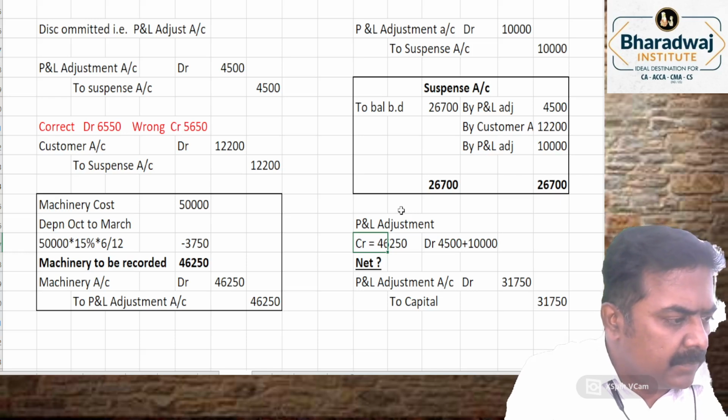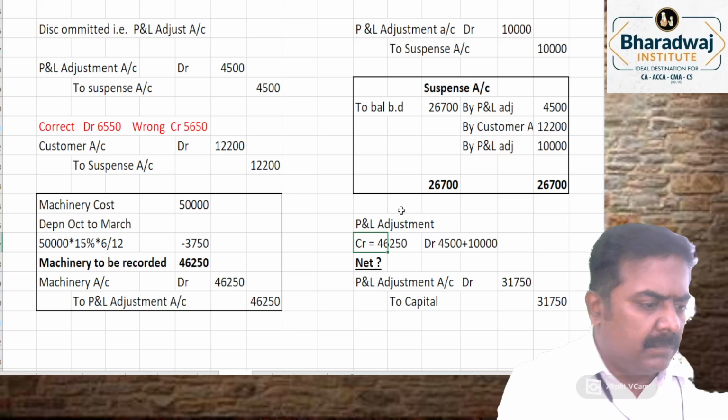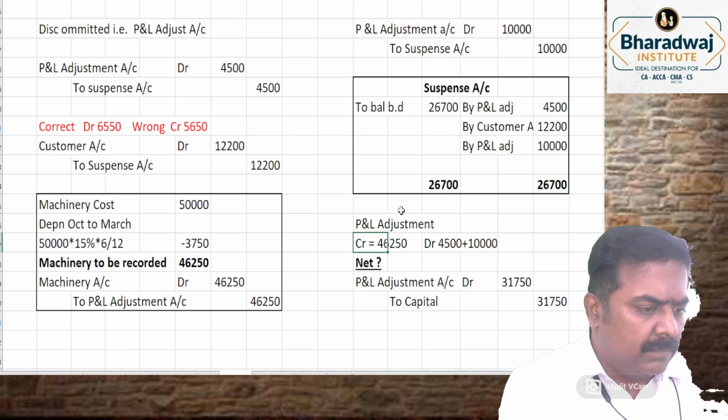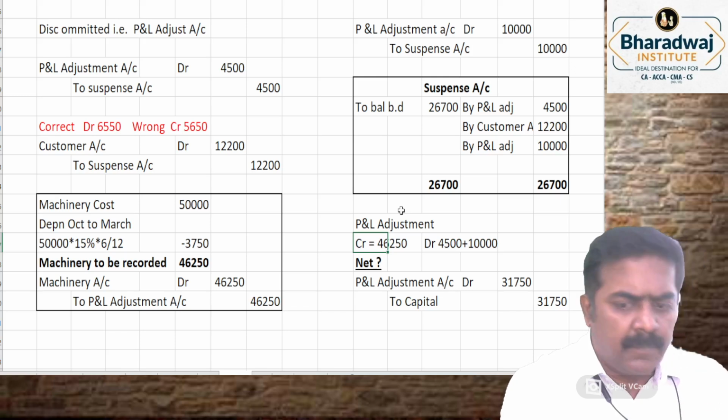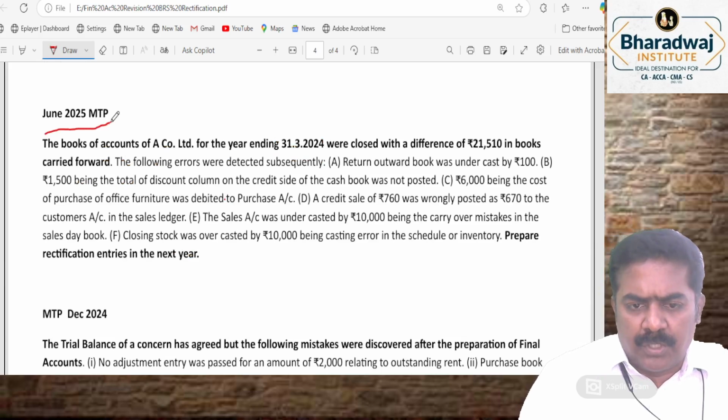This is for which question? Done? June 2025 model test paper.